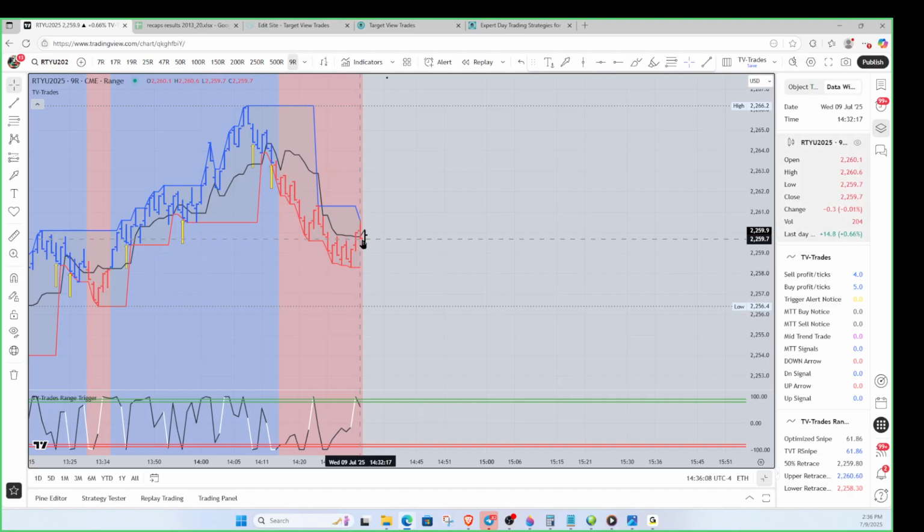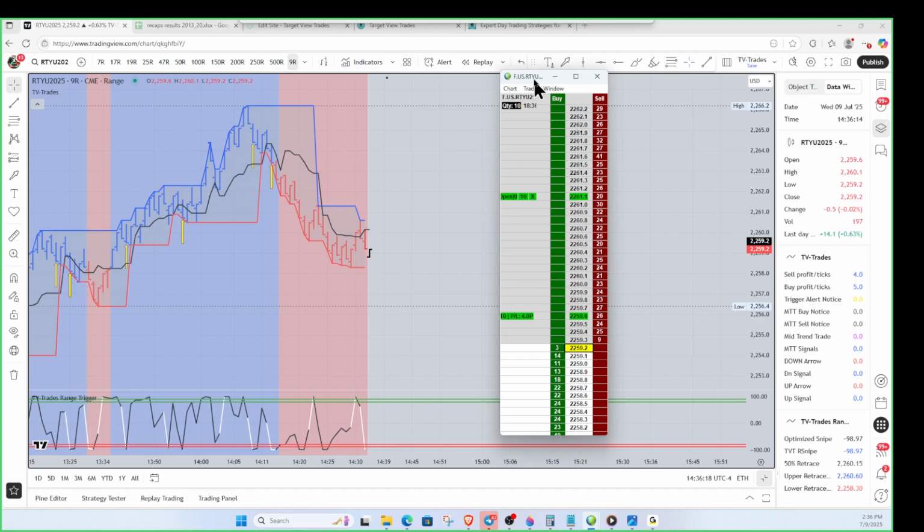If I wanted to sell on a down close, I would put a sell stop limit 1 tick below where I know the bottom of the bar is going to be, and that would be at 59.6, which I already did. I had the order waiting there, and when the bar closed, it entered me in at 59.6. Once it goes 5 ticks into profit, which it already did, I move my stop to break even. So now my stop's at break even on this.